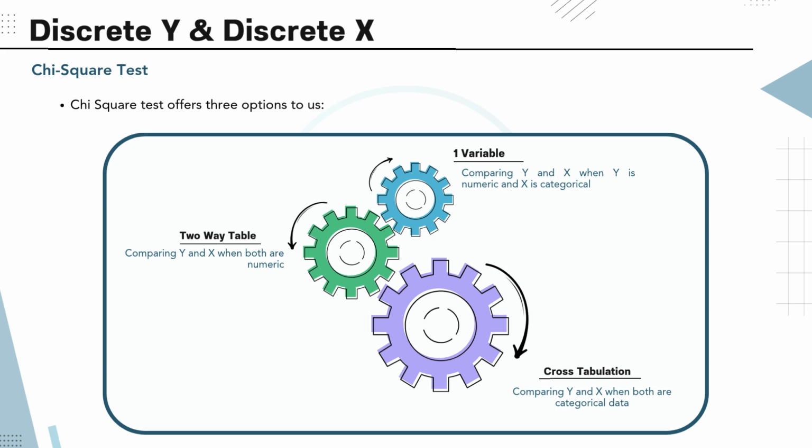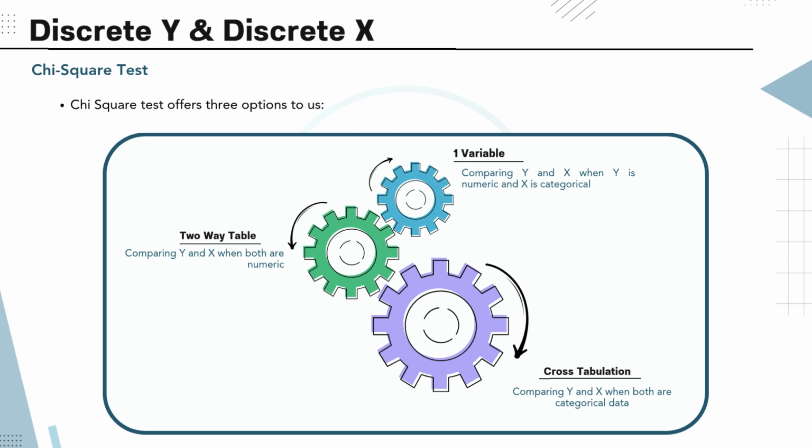2. Two-way table. This version is applied when both your x and y are numeric counts, but we're comparing them across two dimensions. It's often used to see if distributions differ by group. However, we are not focusing on this version in this particular session. 3. Cross-tabulation. This is the most common chi-square test application where both x and y are categorical.